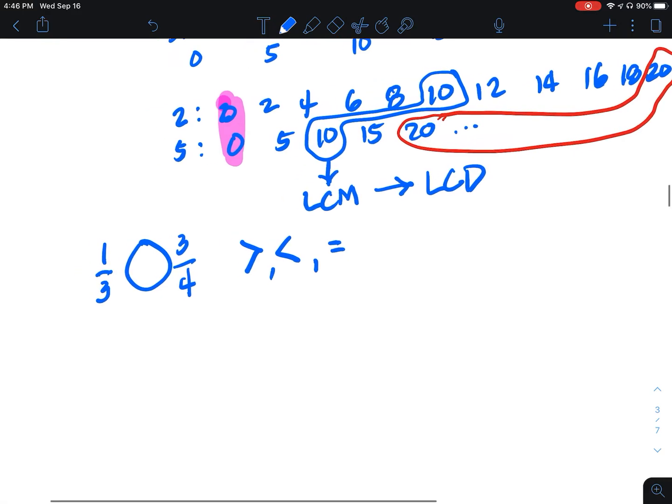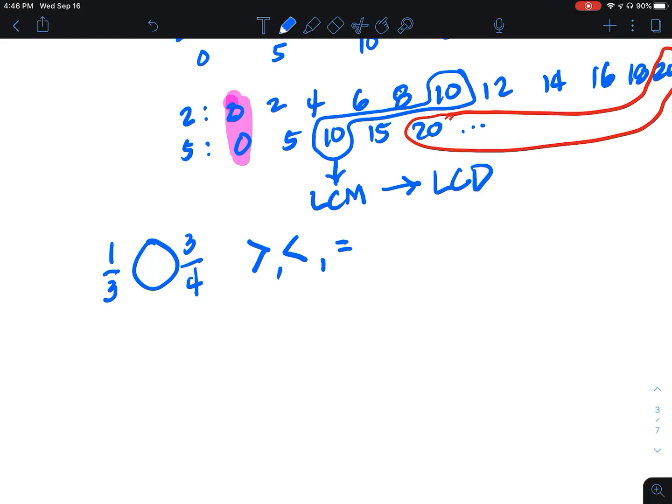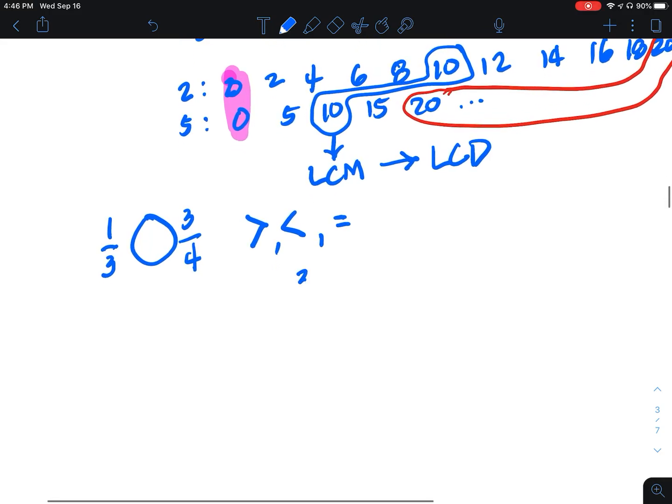So when you talk about fractions now, you're looking for the least common denominator. So if you look at the multiples of 3 and 4, right here, because that's 3 and that's 4, we look at their multiples. The multiples of 3 are 3. We're not going to write 0 anymore.